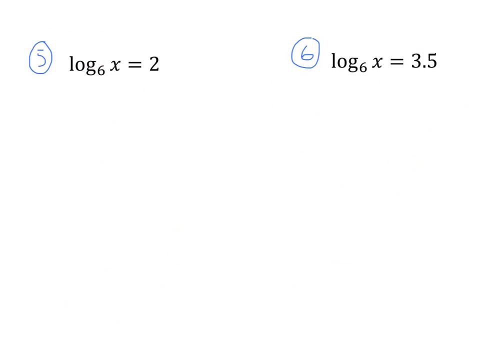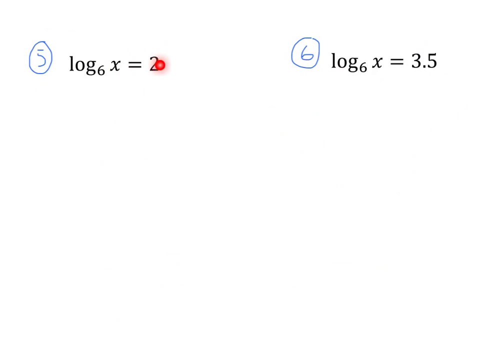This time our equations already have a log in them. Now this first one is pretty simple. I think some of you might be able to tell what x needs to be. It's 36, but let's make sure we understand why. Remember, this is the thinking you need to use: your logarithm is equal to your exponent, and what is this exponent? 2.